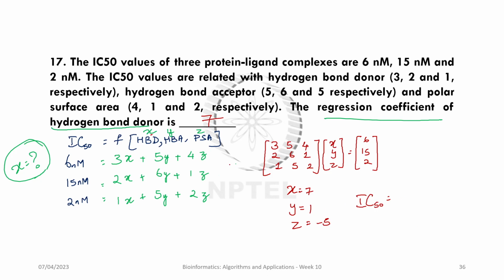So IC50 will be 7A plus B minus 5C, where A is the value for hydrogen bond donor, B is the value for hydrogen bond acceptor, and C is the value of polar surface area.